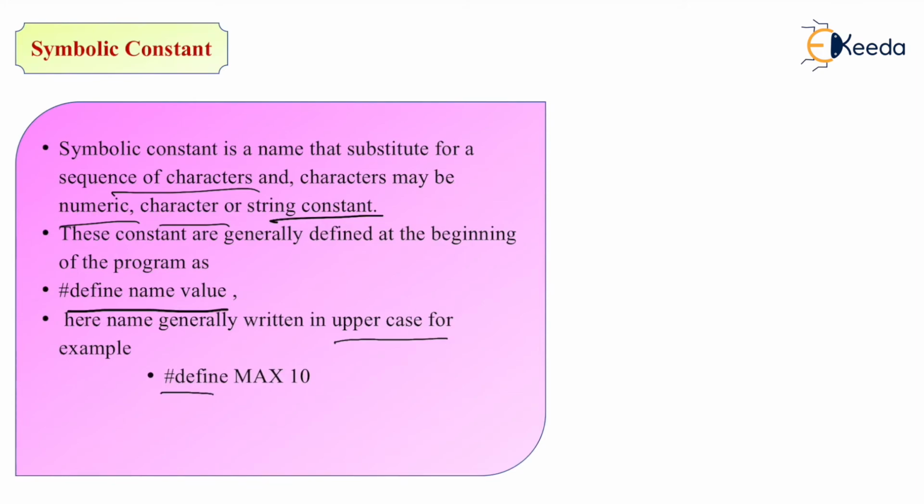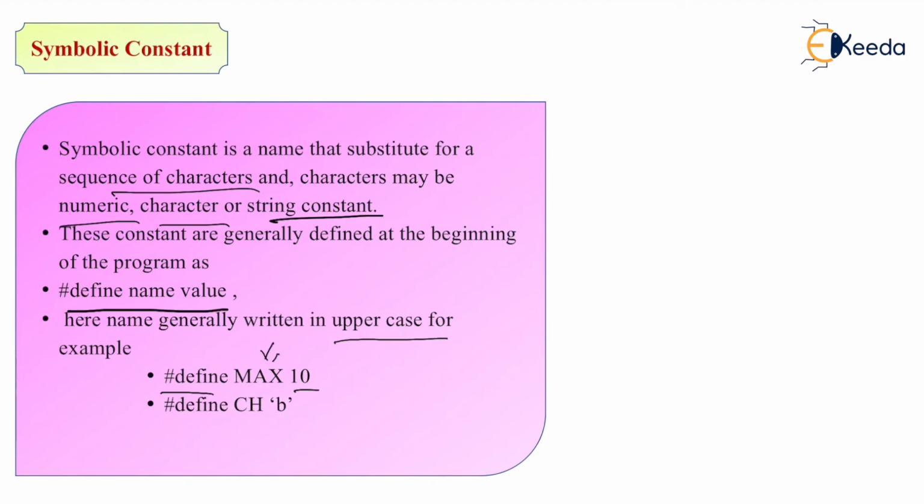#define is the preprocessor directive. Through that you can define the constant and whatever will be the variable name should be in uppercase. And after that whatever you write is the value for that particular variable.